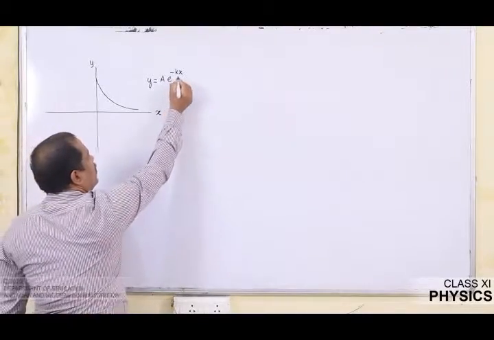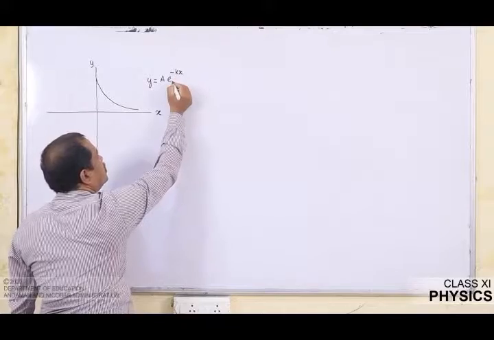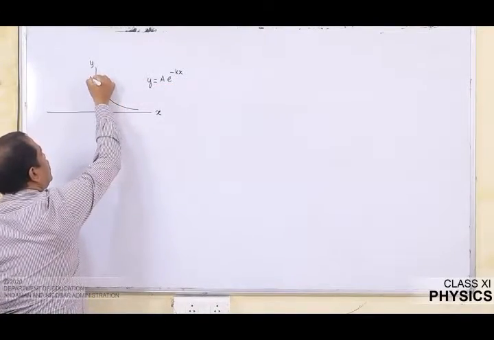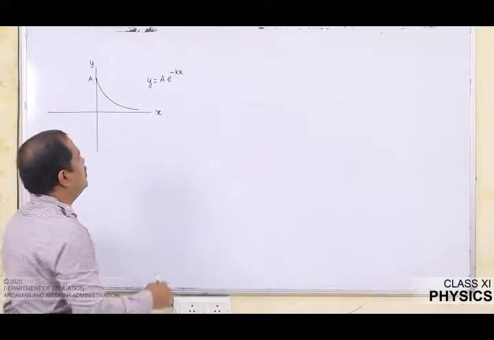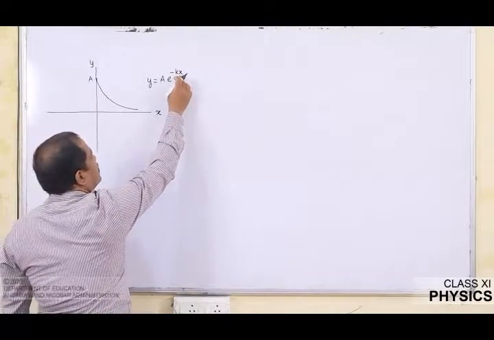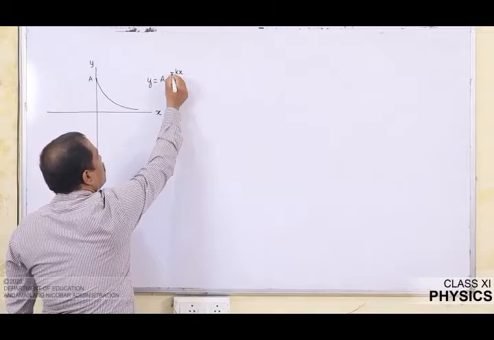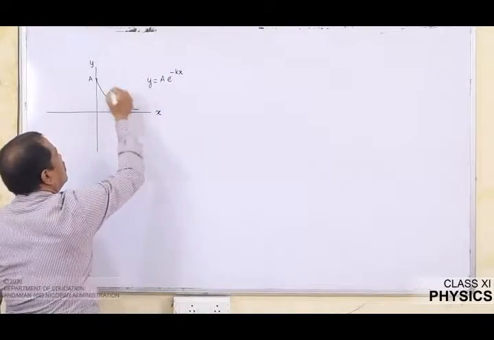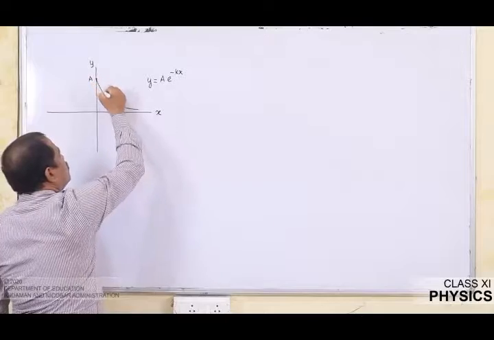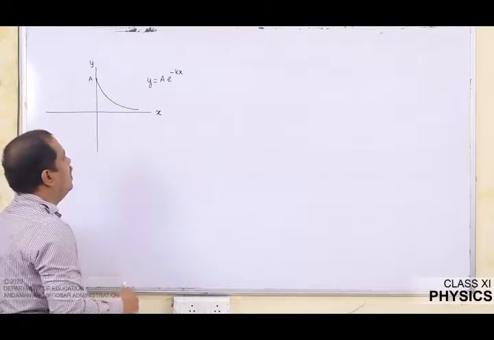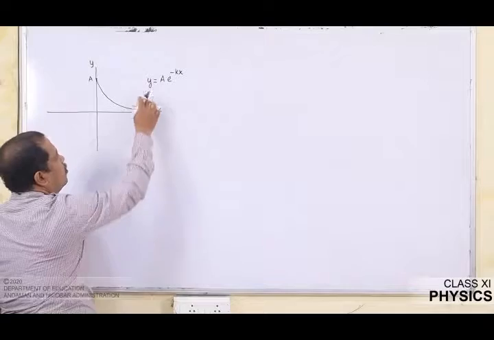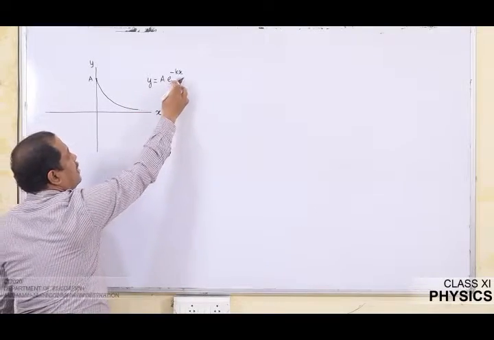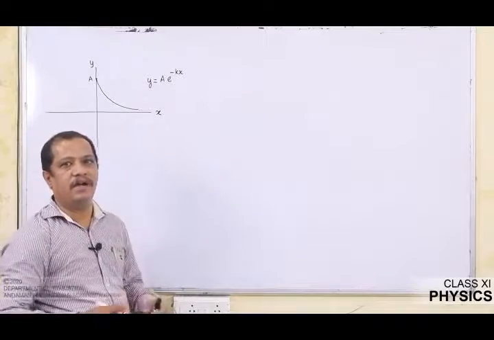So, when the independent variable x is 0, the value is a. So, at this point the value is a, and I see that as the value of x is increasing, e to the power minus kx decreases. So, as the value of x is increasing, I will see that the value of y decreases progressively, and the value of y will become 0 only when x becomes very, very large.